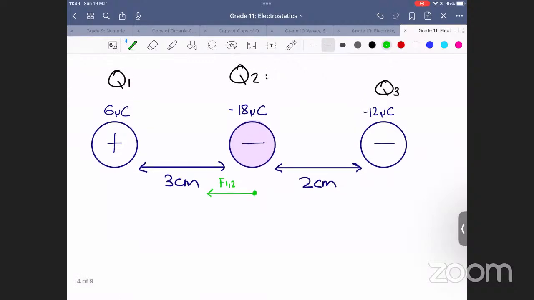Now I ask you again. Now we work with Q3. The force between Q2 and Q3, is it attractive or repulsive?